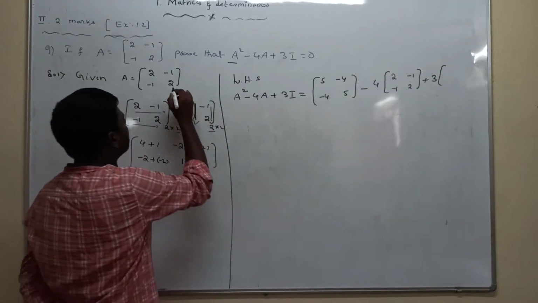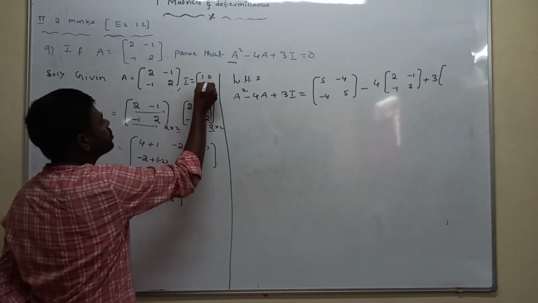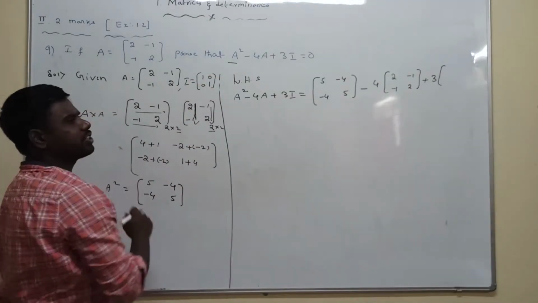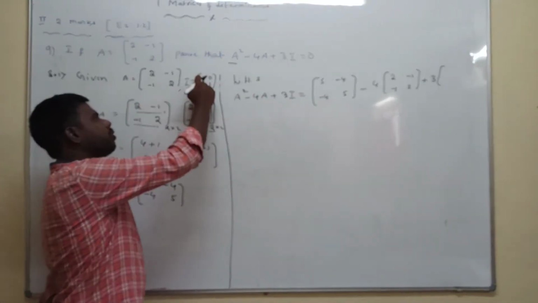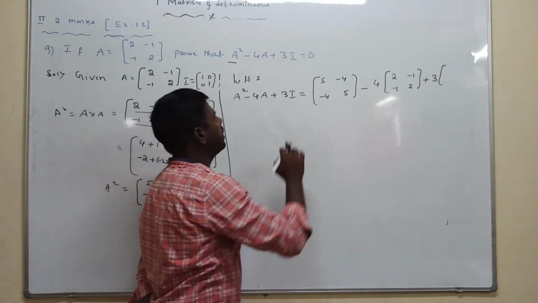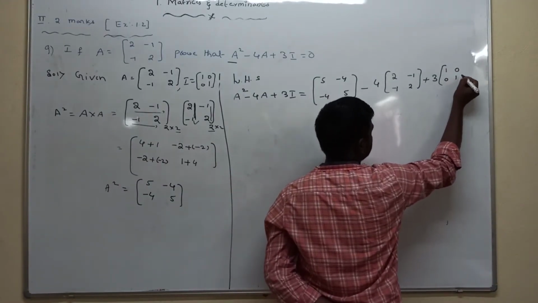I is nothing but the identity matrix of order 2 by 2, [1 0; 0 1]. Because the A matrix given is 2 by 2, that's why I can also be taken as the 2 by 2 identity matrix [1 0; 0 1]. Substitute the identity matrix [1 0; 0 1] in place of I.